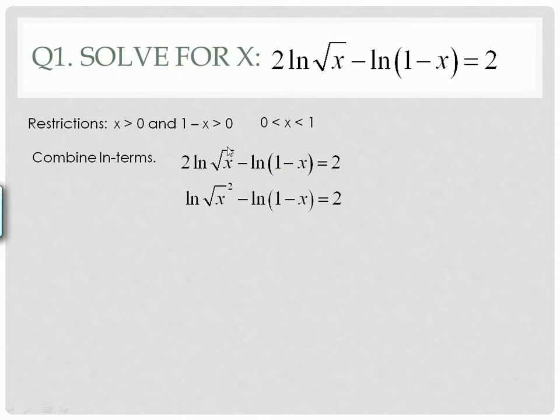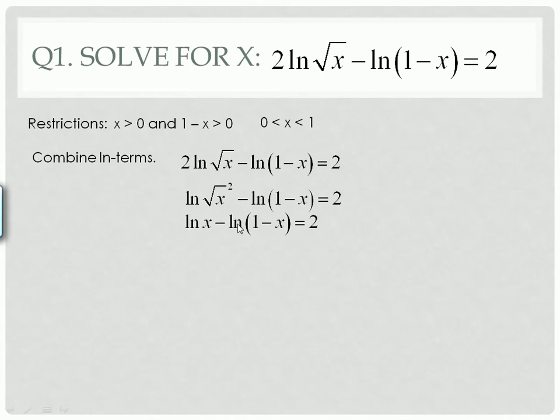So if I bring that 2 into the exponent, that gives me the natural log of the square root of x squared minus the natural log of 1 minus x is equal to 2. And the square root of x squared is just x.